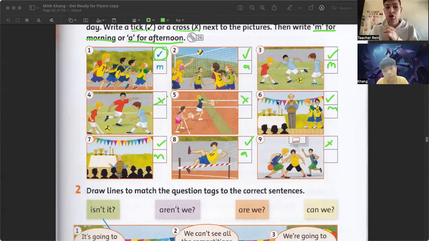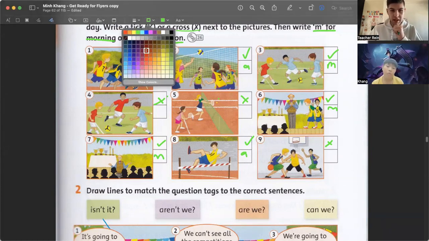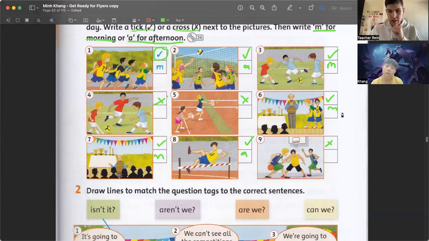So they said after lunch, which is probably between 12, 1 o'clock, 2 p.m., depending on when they have lunch. But lunch is always any time after 12 and maybe before 3 or 4 p.m., because then it starts to get evening. You understand? Okay. Great. And so this is going to be in the afternoon.